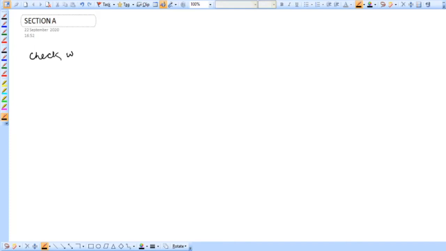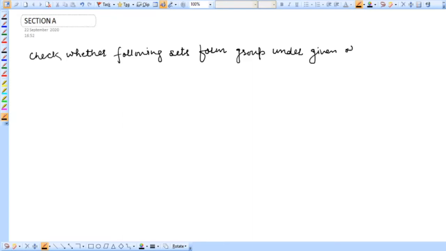Whether the following sets form a group under the given operation.